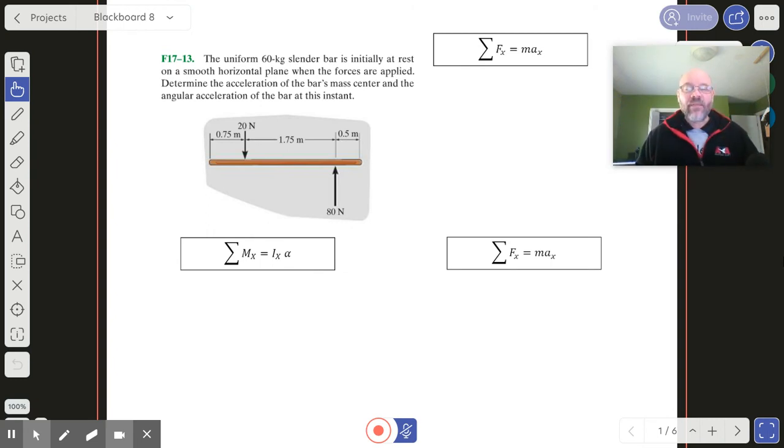Okay, one of the things that's going to save you a lot of trouble is figuring out a good place to put a pivot point. Now, in statics, we always said that a good pivot point was somewhere that eliminated a force. Okay, especially if it's an unknown force. And that bit of advice is still good here.